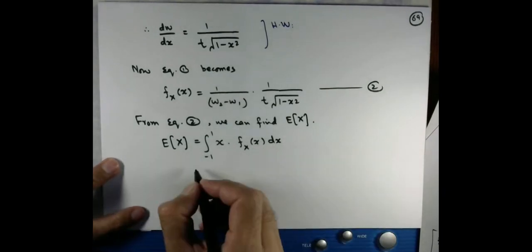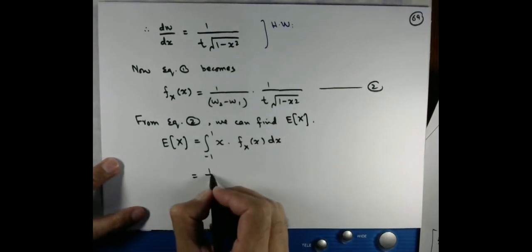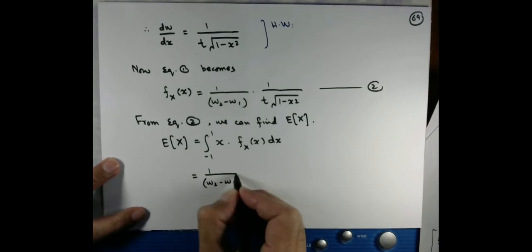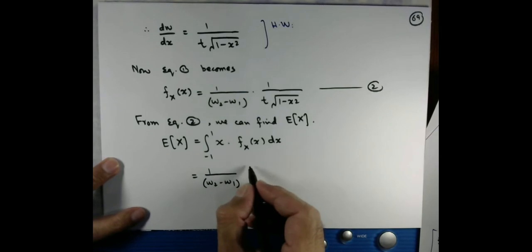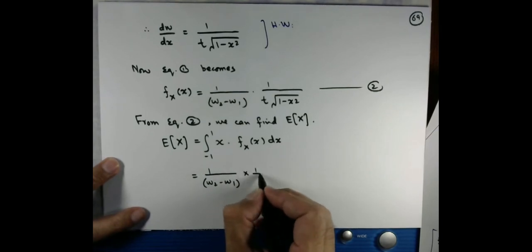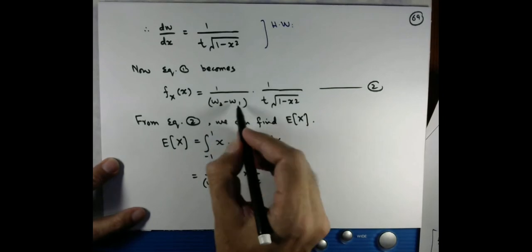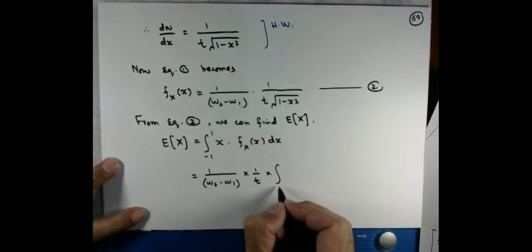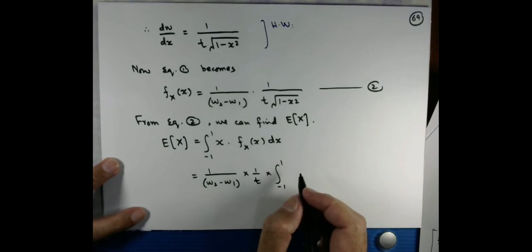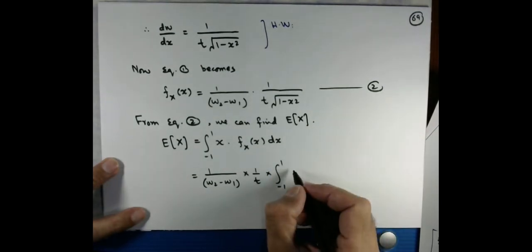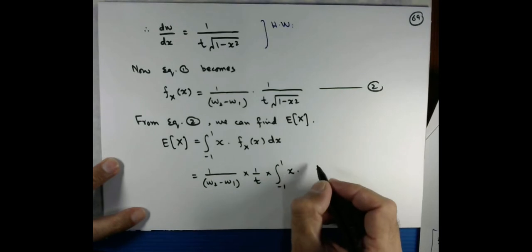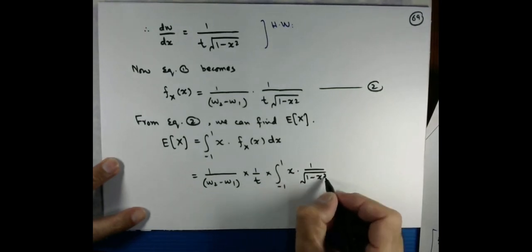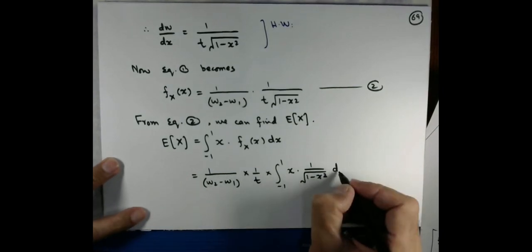This can be written as 1 over omega 2 minus omega 1 times 1 over t, these two taken out of the integral, times integral from minus 1 to 1 of x times 1 over under root 1 minus x square dx.